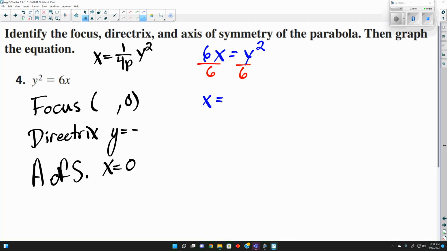And on the other side, we could rewrite it as 1/6 y squared, because that's the same as y squared over 6. We're just moving the y squared over. Does that kind of make sense of what we did? Realistically, we could say I'm multiplying both sides by 1/6, because 1/6 times 6 is 6 over 6, which does reduce to 1. Multiplying by the reciprocal.